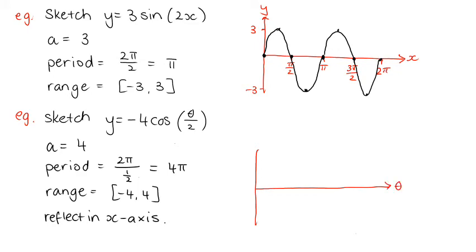This is our theta axis and our y-axis. Now I'm going to go all the way up to 4 pi. Halfway will be 2 pi. Go 3 pi here and pi here. Our range is 4.